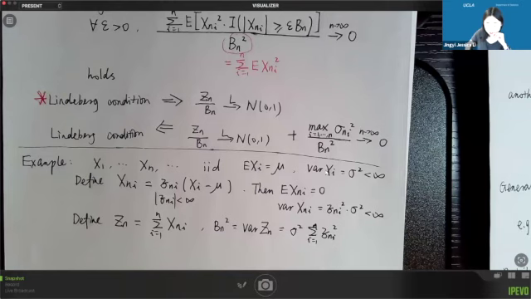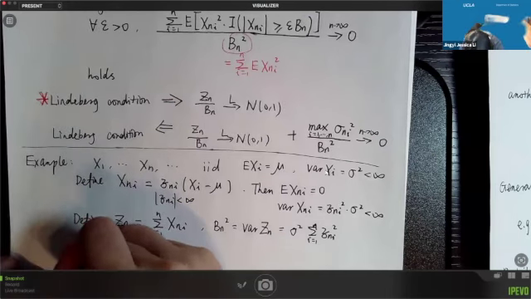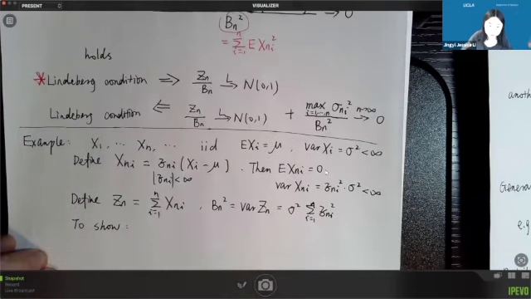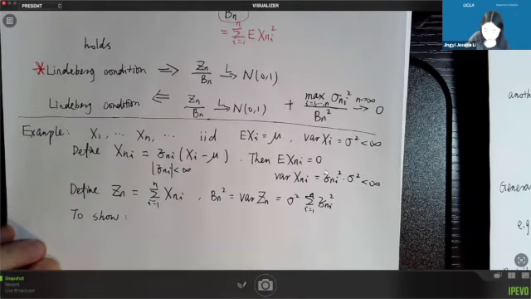Then how can we make the asymptotic normality happen? We're going to give a sufficient condition for the asymptotic normality.